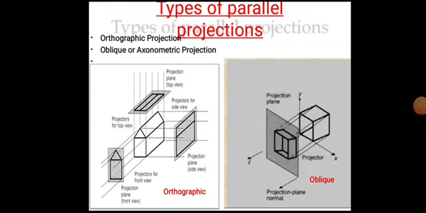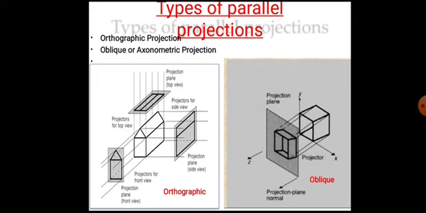In this method of projection, one of the principal axes of the model coordinate system of the object is perpendicular to the projection plane, while the remaining two principal axes are parallel to the projection plane.